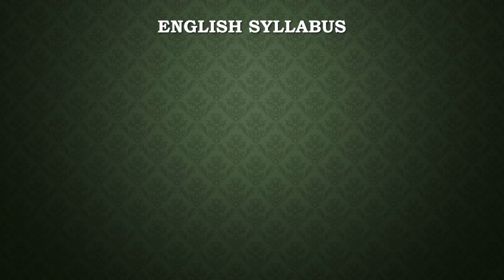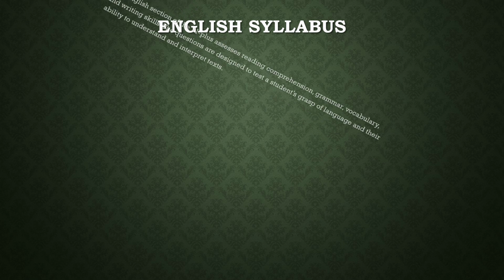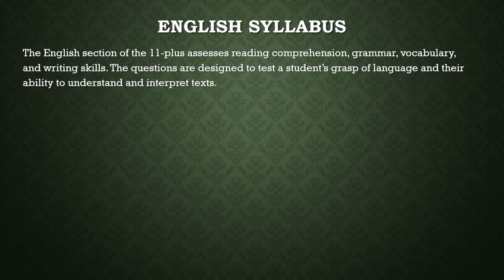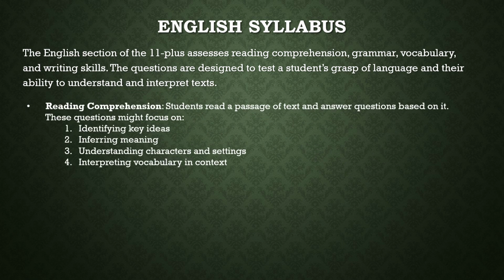Now, let's look at what the English subject topics are. The English section of the 11 plus assessment includes reading comprehension, grammar, vocab, and writing skills. These questions are designed to test students' knowledge of language and their ability to understand and interpret text.